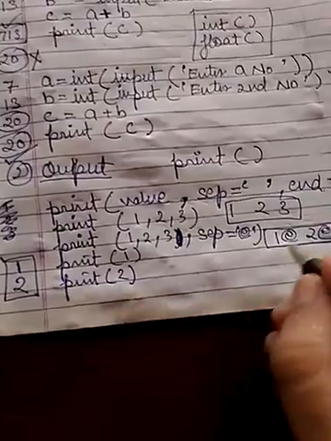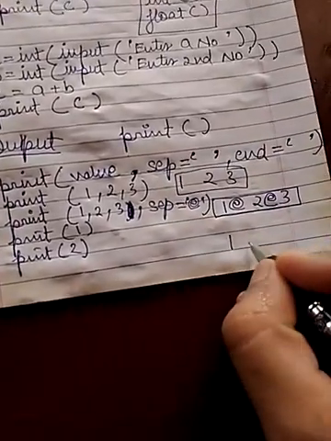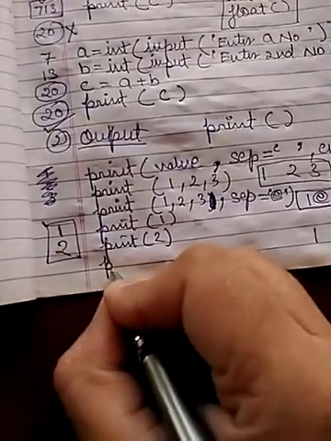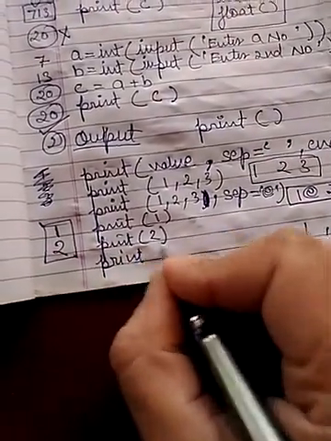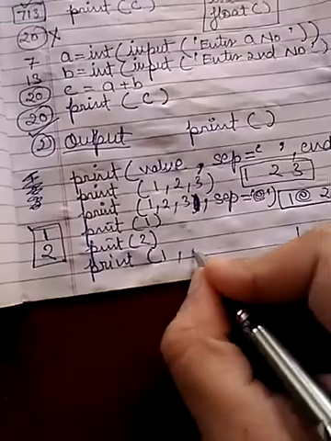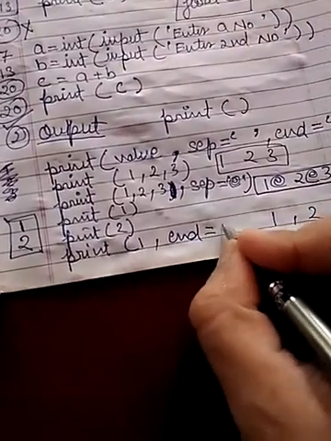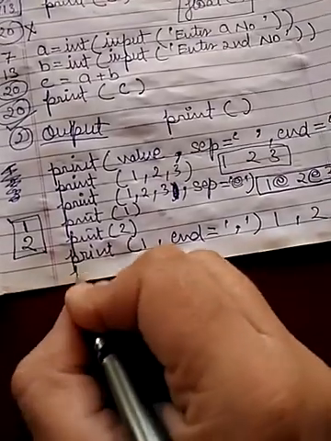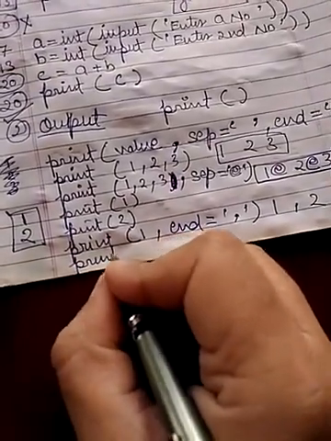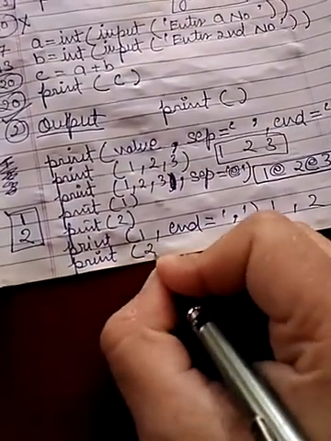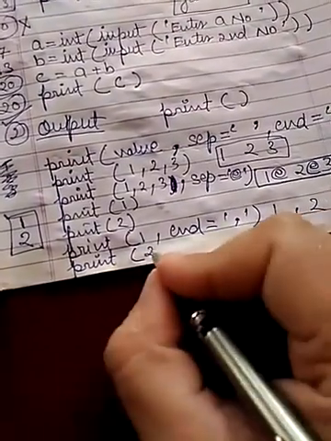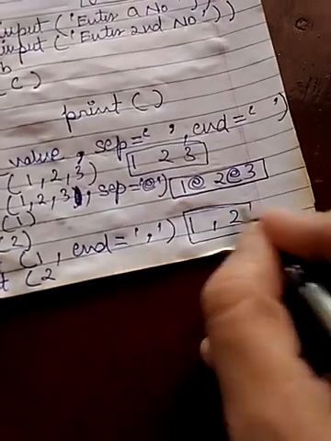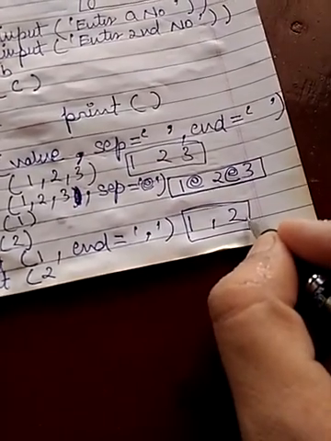But if I want the output should come like this, 1, 2, then I would like to write in this way, print 1, comma, end, comma, print 2. Here I need not write the end comma because in this output at the end no comma is there.